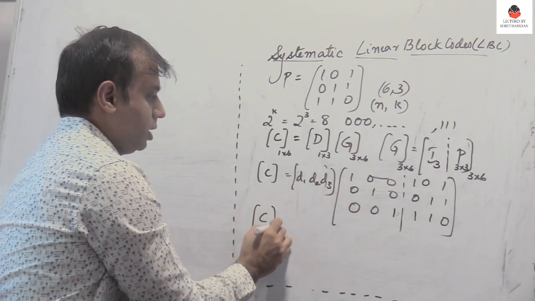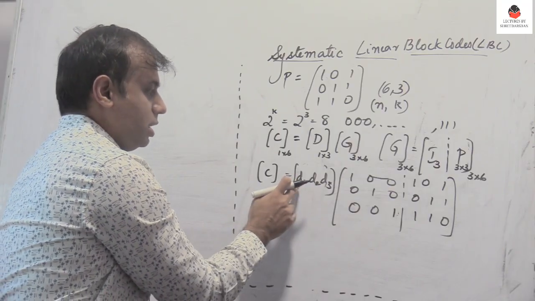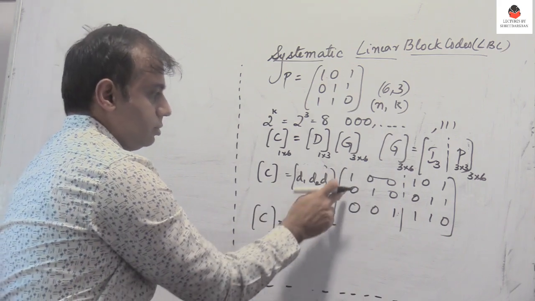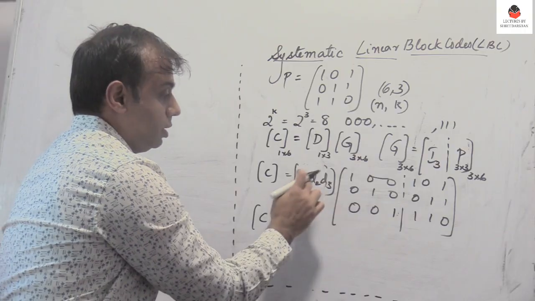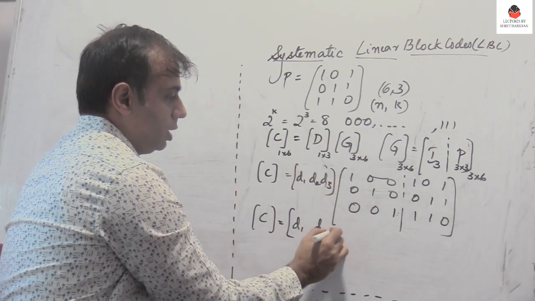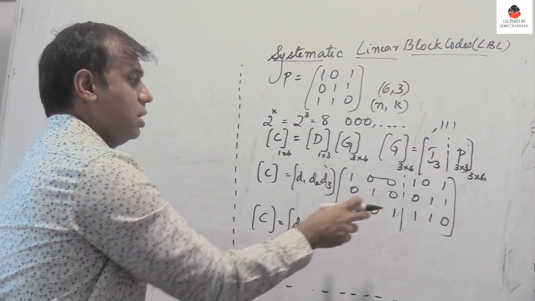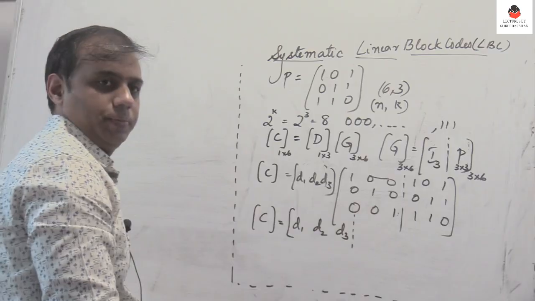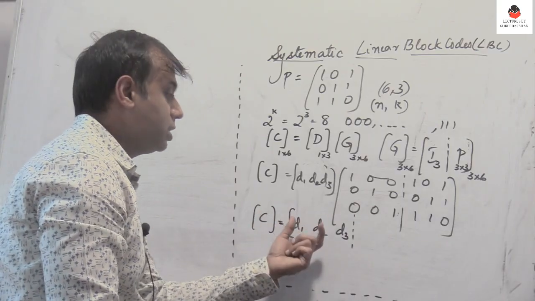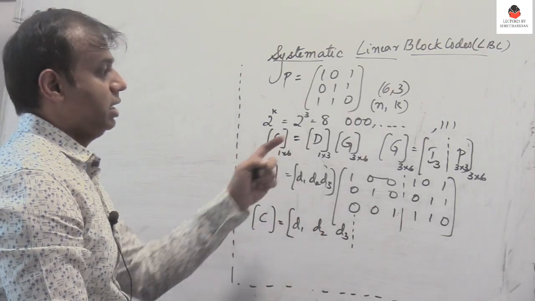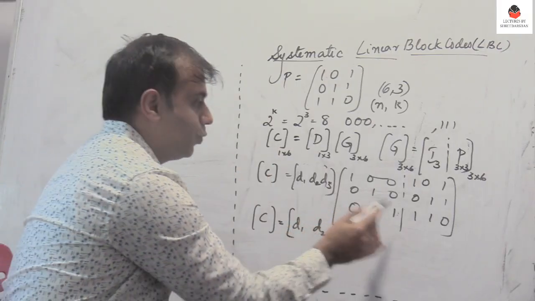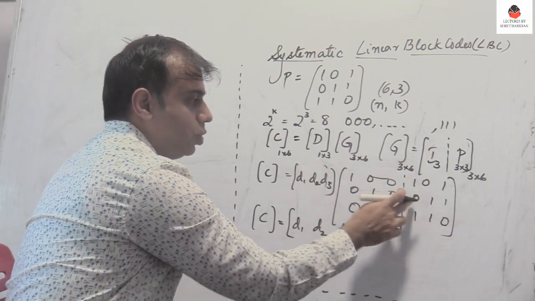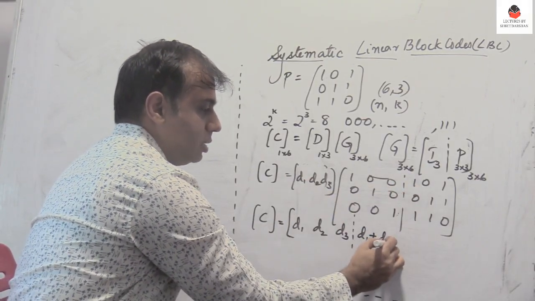So what is the code word? In the first case, multiply this with the first column. So it's going to be D1, the remaining are 0. Then the second bit would be D2 and the third bit would be D3. Because I'm multiplying the data with the identity matrix, I will get the data itself. So in this code word, the first 3 bits correspond to the data itself. The fourth bit, you would get D1 into 1 plus D2 into 0 plus D3.